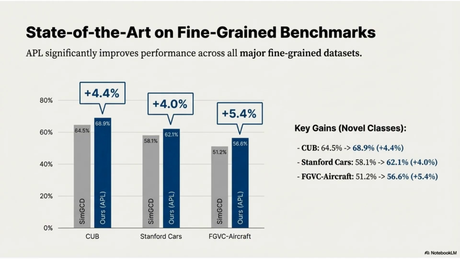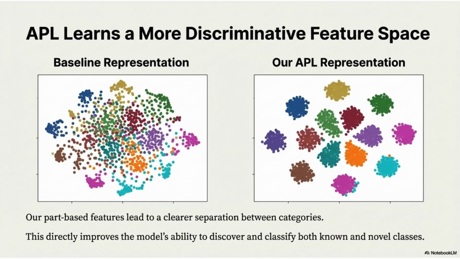It is crucial to note that these gains are largely driven by the improved recognition of novel classes. This proves that our part-based approach isn't just memorizing training data, it's genuinely better at discovering new categories in the wild.